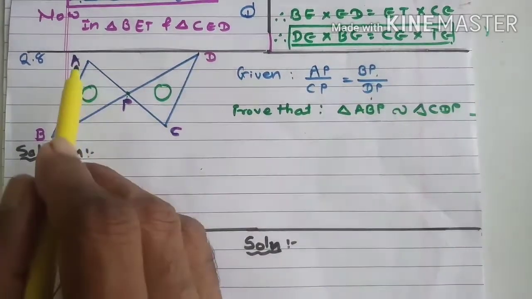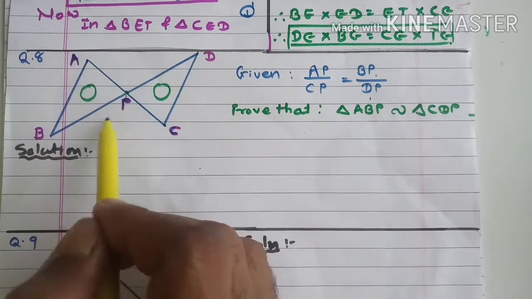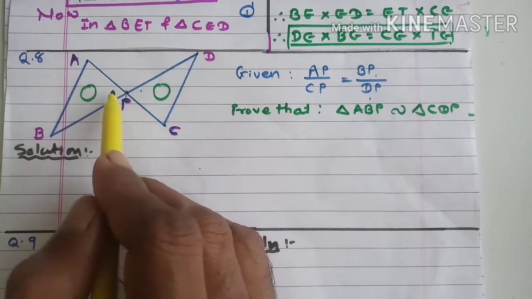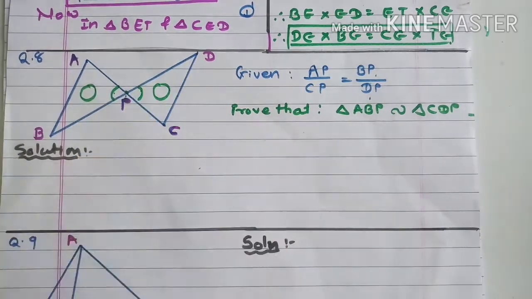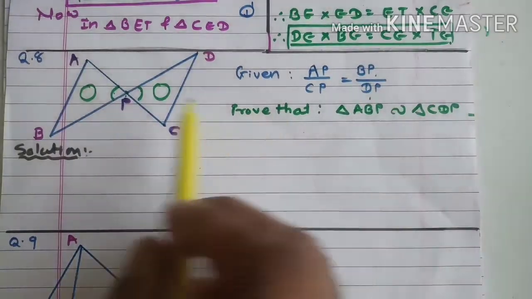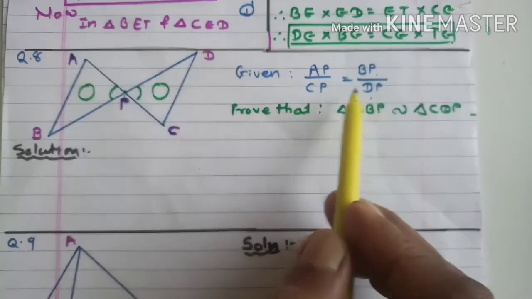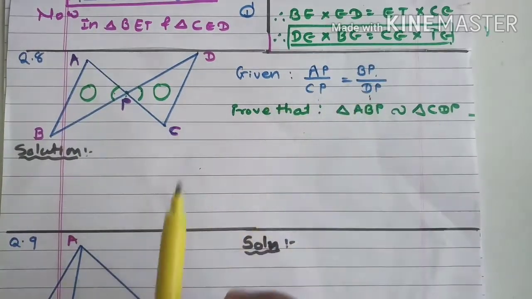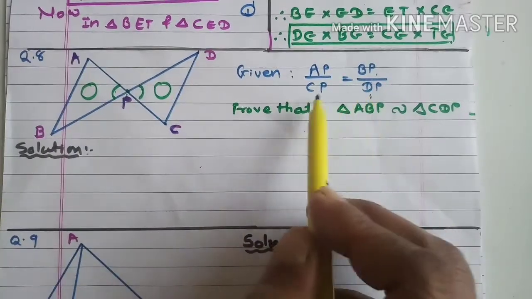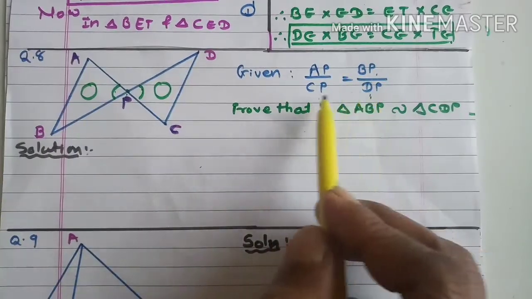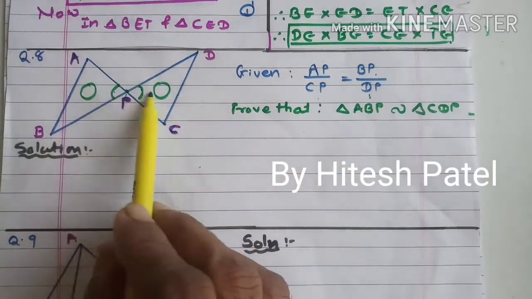But see what we learned earlier, that when 2 lines intersect each other, the vertically opposite angles are congruent. So here angle APB is congruent to angle CPD. Hence proved that this triangle is similar to this by the SAS test. Two sides are in proportion, and the angle between them is congruent.